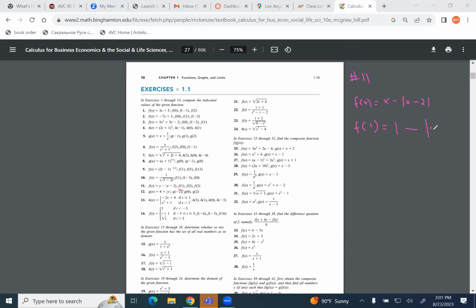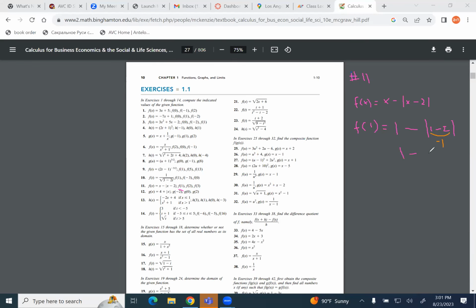So I'm going to go ahead and put 1 instead of x in the places where I see that letter x, and I see it 2 times. So it looks like we're going to have to take, inside the absolute value, -1. That's what we calculate.